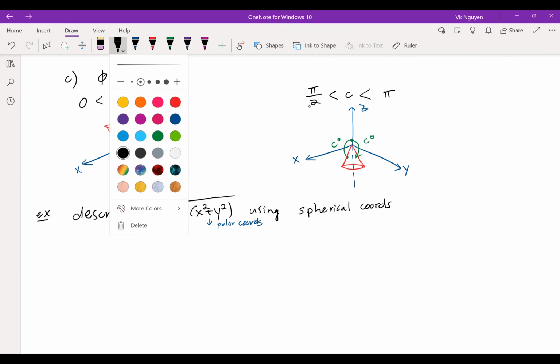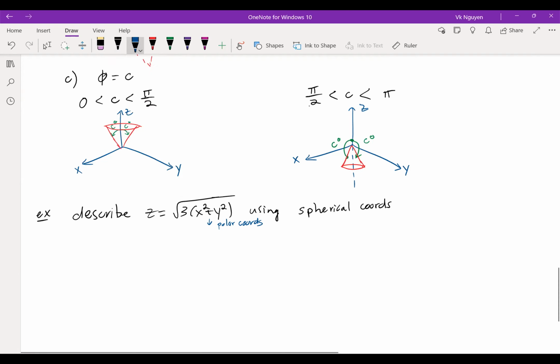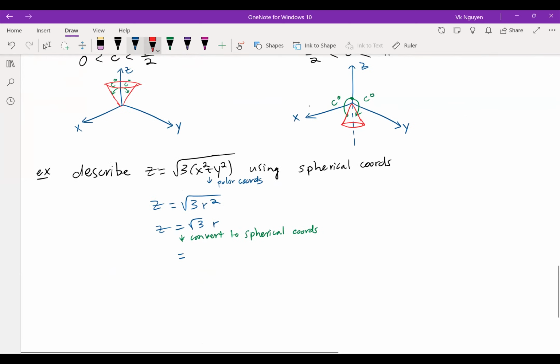So what we have here is z equals root 3 r squared. So I mean root 3 r. And then the next step is you have to convert to spherical coordinates. Rho cosine phi equals root 3 rho sine phi.